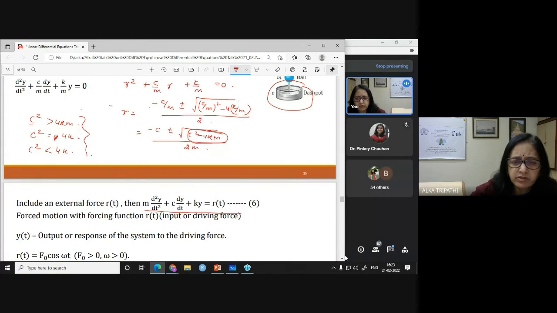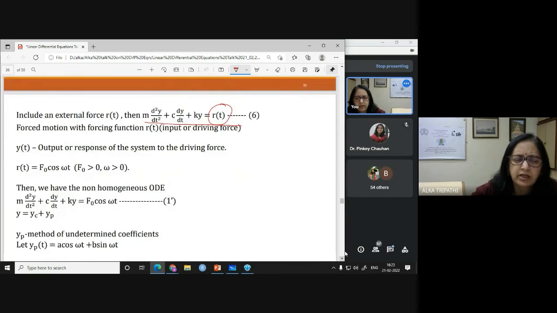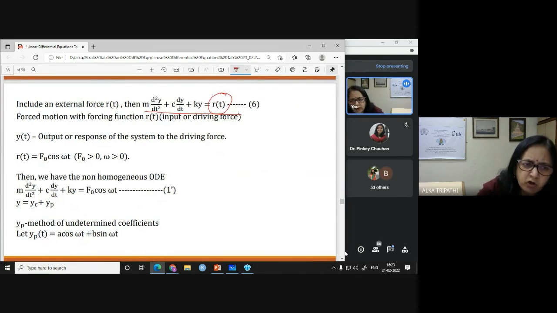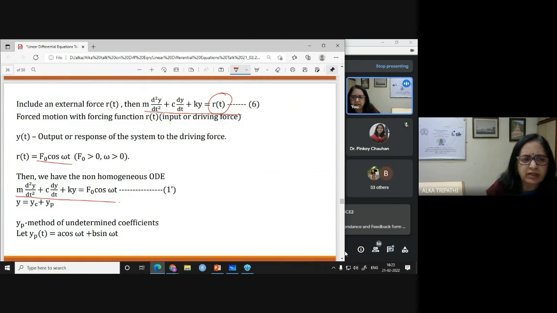And this external force we also call forced motion. Since your solution was in the form of sine and cos, let us assume that R(t) is in periodic form, that is f naught cos omega t. Then your equation will be m d2y by dt square plus c dy by dt plus ky equal to f naught cos omega t. This one we can now solve and get the value of y.